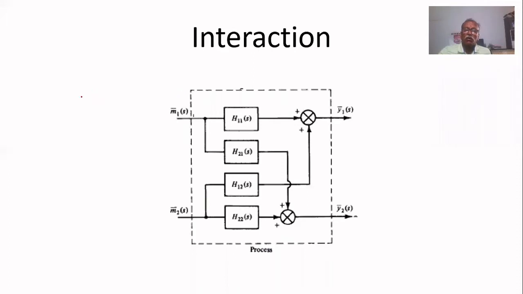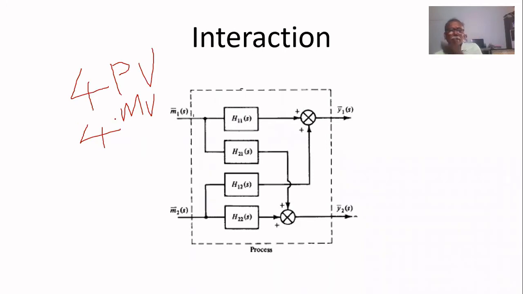But anyhow, we have to select the 4 process variables. In this example, 4 process variables. We are talking about that example. Like that, 4 process variables and 4 manipulated variables we selected. But which variable has to be controlled by which variable?